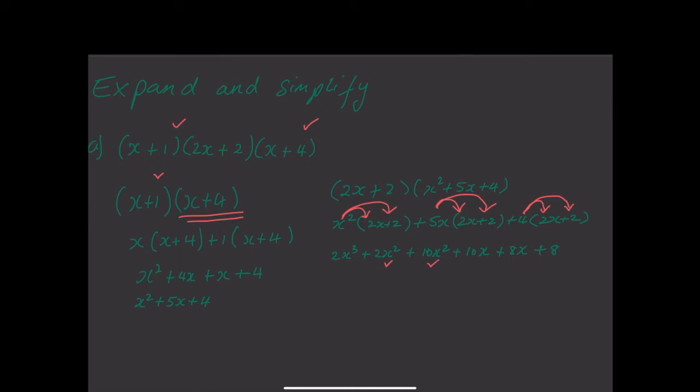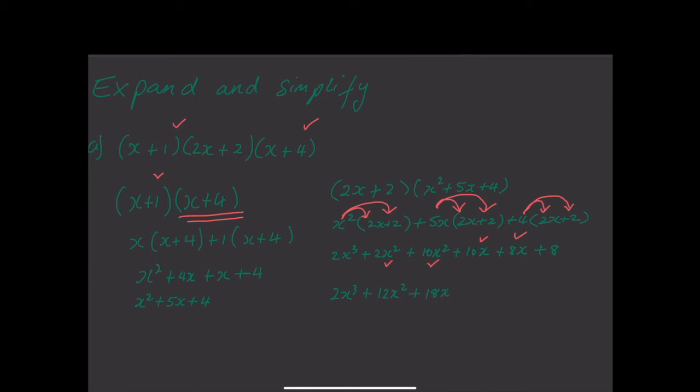So we're going to write back 2x cubed. We're then going to collect 2x squared and 10x squared together. That gives us 12x squared. We're going to then collect 10x and 8x together. When we add those two together, we get 18x.